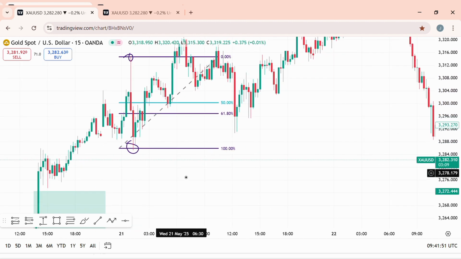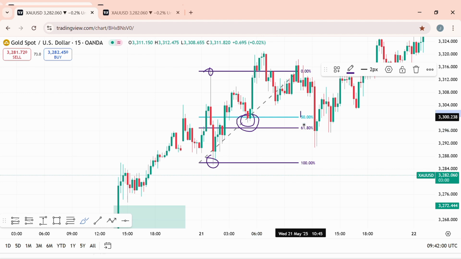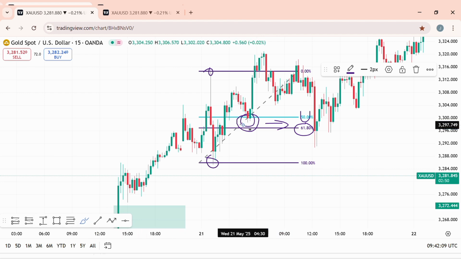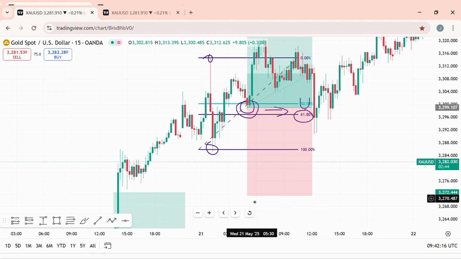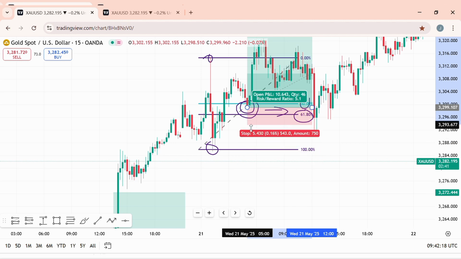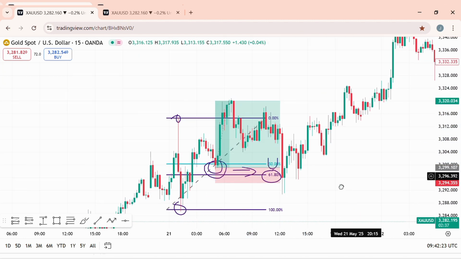After drawing, you wait for the market to hit your premium zone. This is our zone, between 50 and 61.8. Once price reaches this level, you just enter. It's very easy, not complicated. If you're still struggling to customize your fib, you can watch my previous videos.